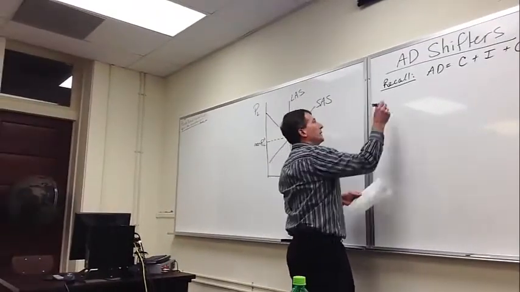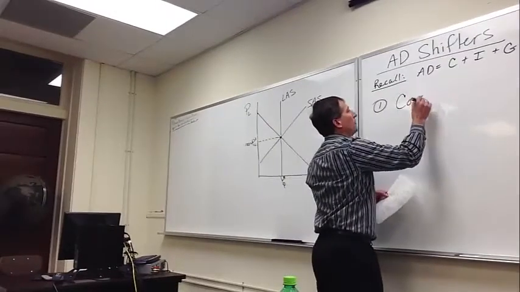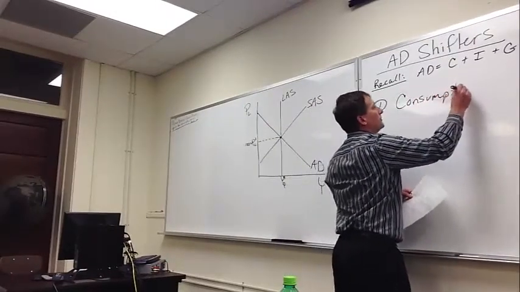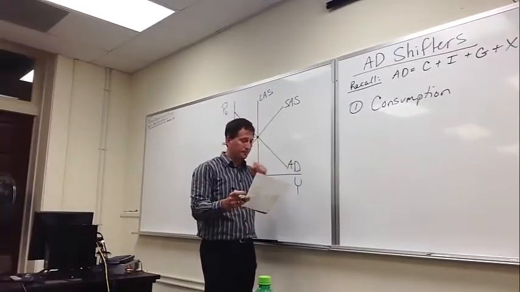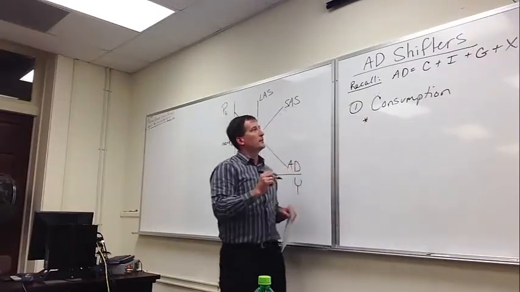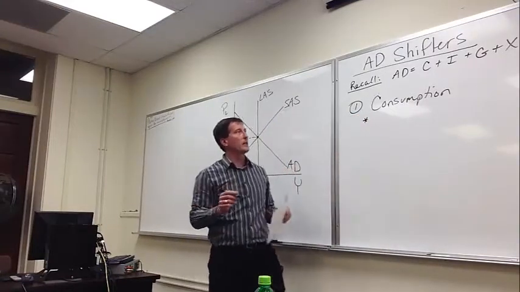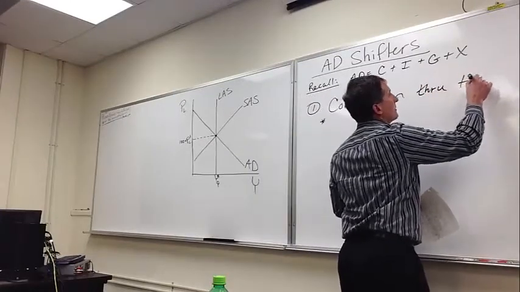So shifter number one comes to us via the consumption route. Now, the shifter is really consumption through taxes.